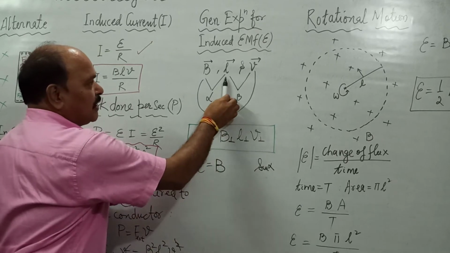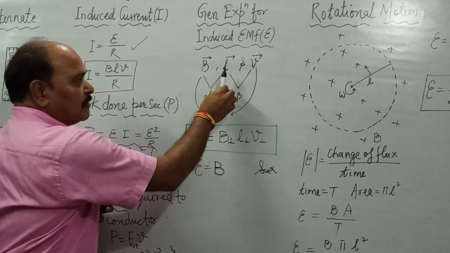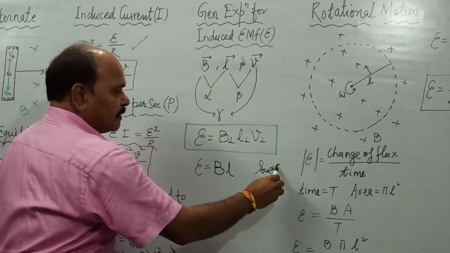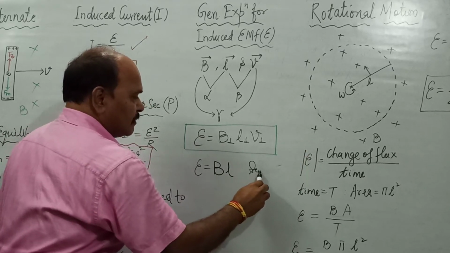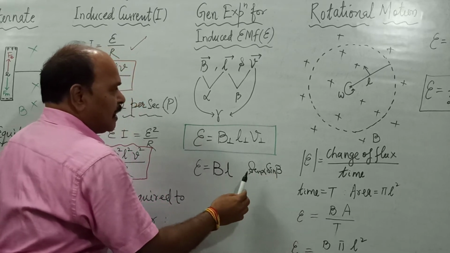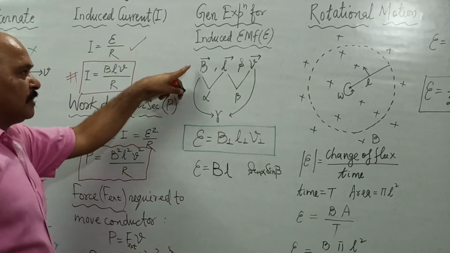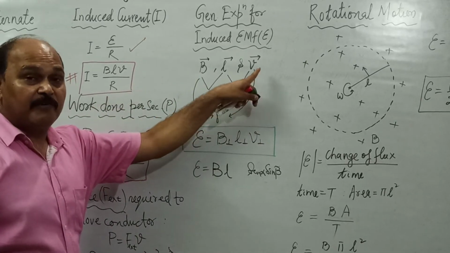If angle between L and V is beta, then what is the perpendicular component of L? It is going to be L sin beta. This was sin alpha, now we have sin beta. And if angle between V and B is gamma, we have already done the perpendicular component of B, so what is the perpendicular component of V, the velocity?